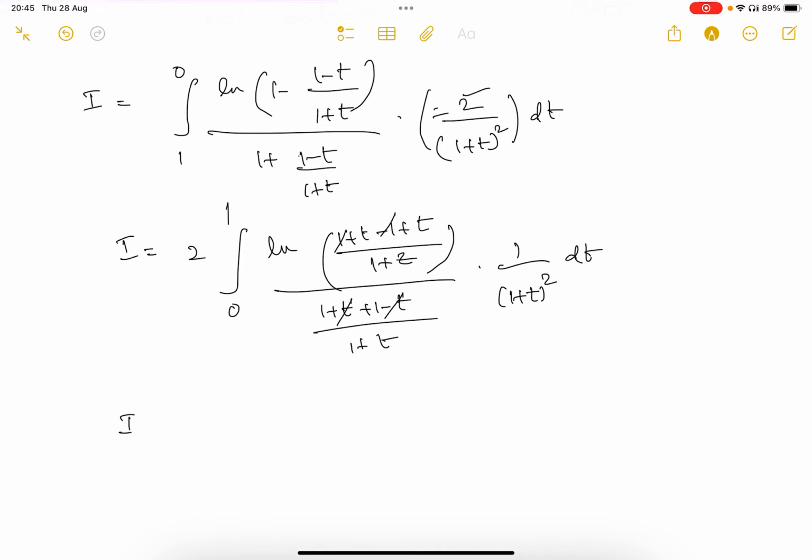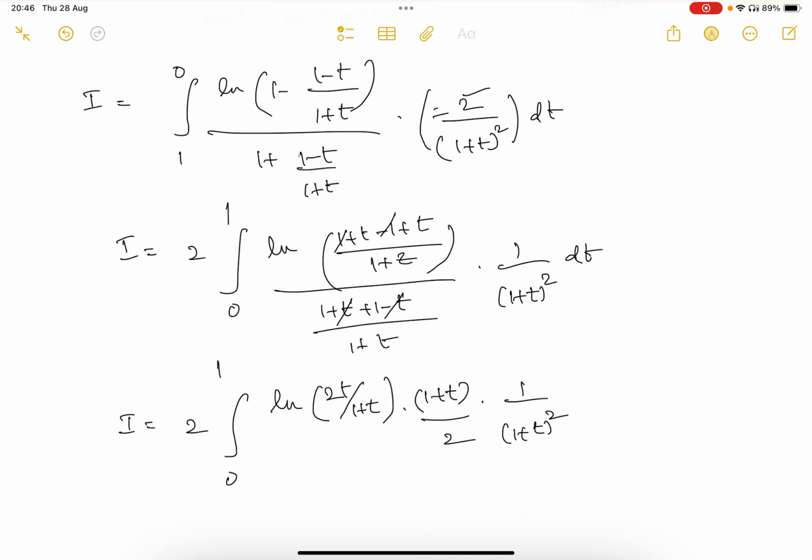Then I is 2 into integral 0 to 1 ln of 2t by (1 plus t). Then the denominator is 2 by (1 plus t), right? Then this will be (1 plus t) by 2 into 1 by (1 plus t) whole square dt, right?